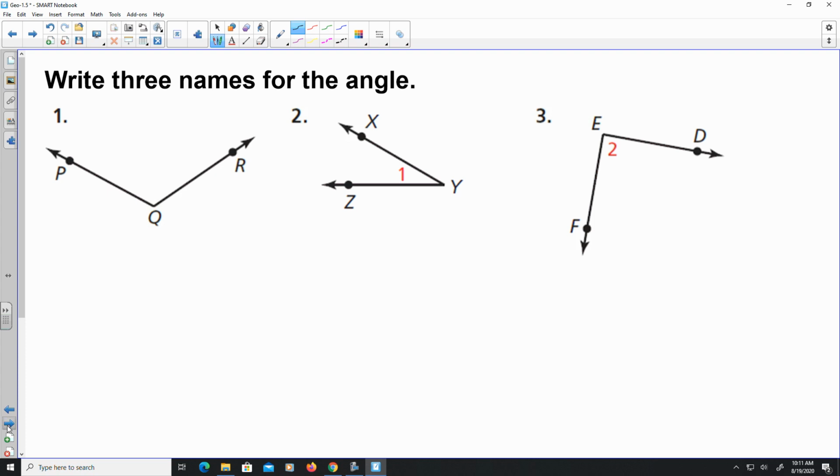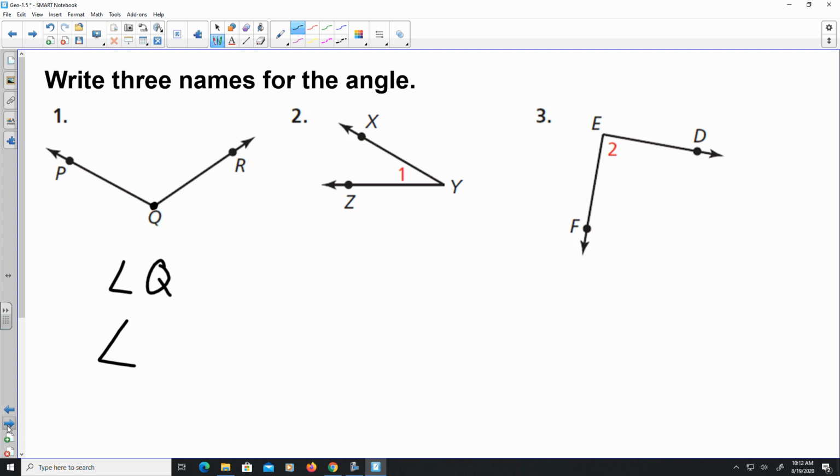All you have to do is look at the point that shares the common rays, and I can just call this angle Q. I can name it just one because Q doesn't define another type of angle, unlike point M in the previous example, which could have been a variety of different angles depending on which boat you were looking at. You could also name it with the 3 points.